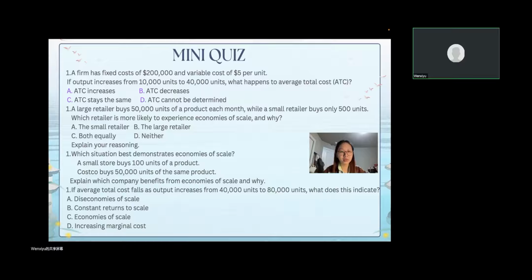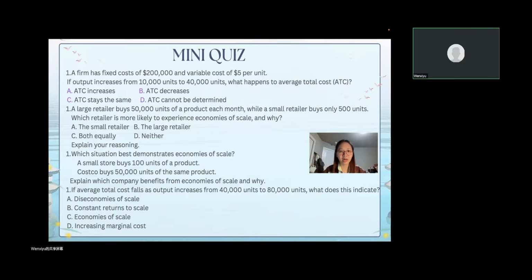A small store buys 100 units, or Costco buys 50,000 units. Question 4. If average total cost falls as output increases from 40,000 units to 80,000 units, what does it indicate? Is this diseconomies of scale, constant returns to scale, economies of scale, or increasing marginal cost?